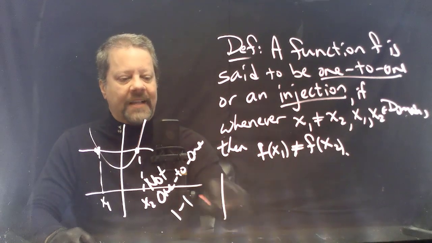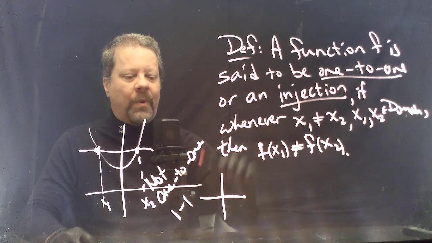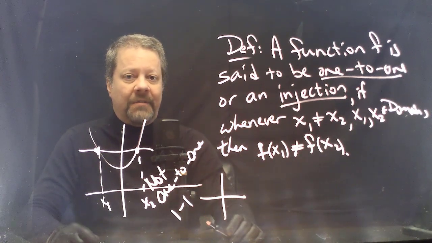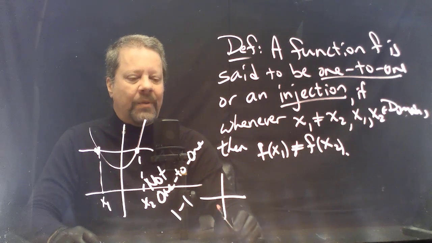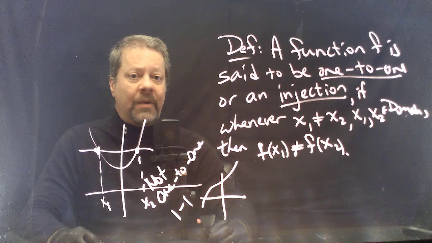So we have to satisfy the horizontal line test for one-to-one functions. They have to satisfy both: the vertical line test to be a function and the horizontal line test to be one-to-one. So something like this would be a one-to-one function.